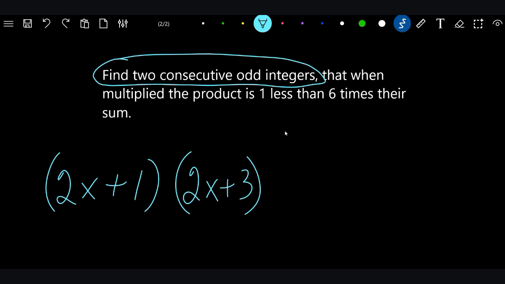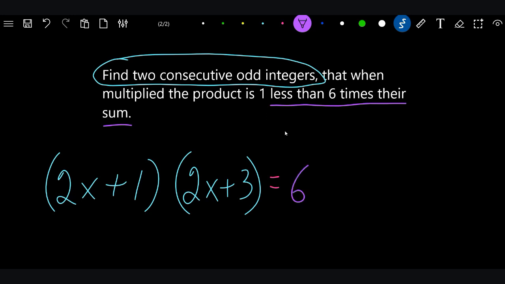So that's the first part. That's when they're multiplied together. And notice what it says. This word is important right here. That means that there's an equal sign right there. So it means that we have 1 less than 6 times their sum. Whoa, what's going on there?